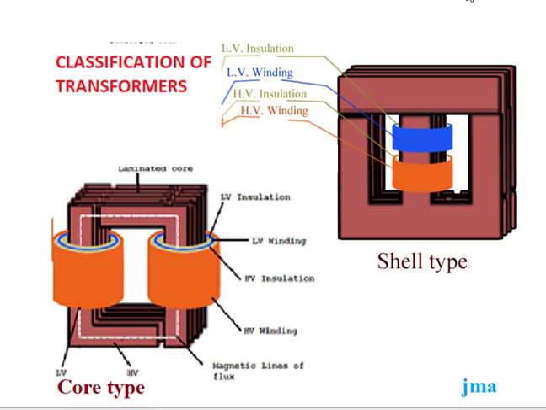The transformer works under the principle of mutual inductance, and it produces a magnetic field. The input AC power produces the magnetic field when it passes through the primary coil, and then due to the inductance effect, the induced EMF is produced in its output.